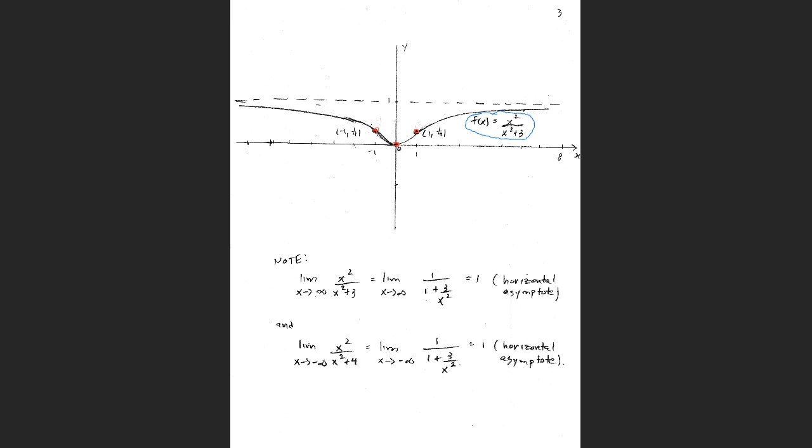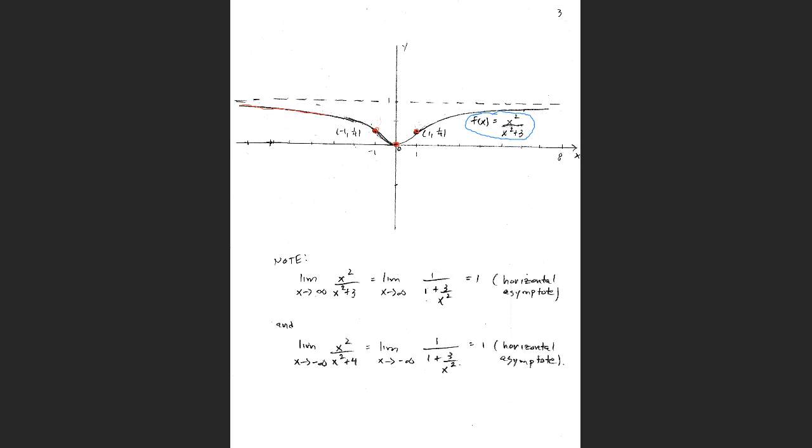Okay, now what's the function doing? Look how I'm tracing this function. What's the function doing here? Well, we won't worry about the asymptote yet, Ian. We will get to that. But the way I'm drawing, it's decreasing.